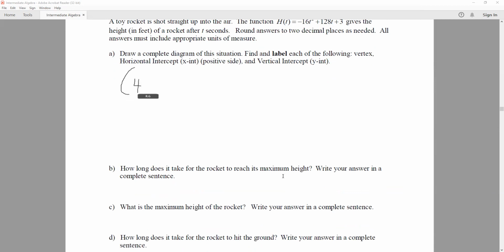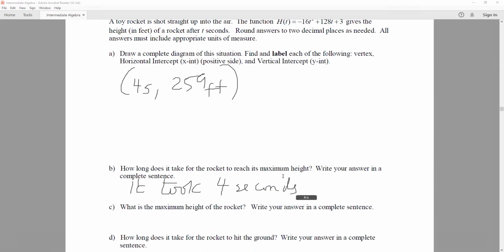You have it in your workbook now, 4 seconds, right? 4 seconds, this is S, and then 259 feet. How long? So we are looking at time. So it took 4 seconds for the rocket to reach maximum height.